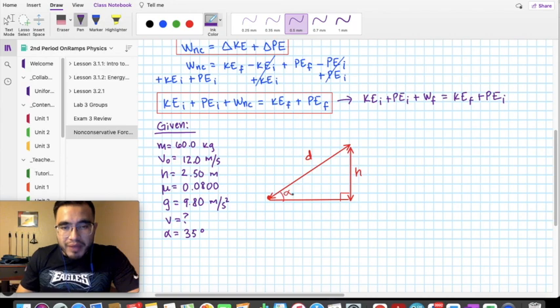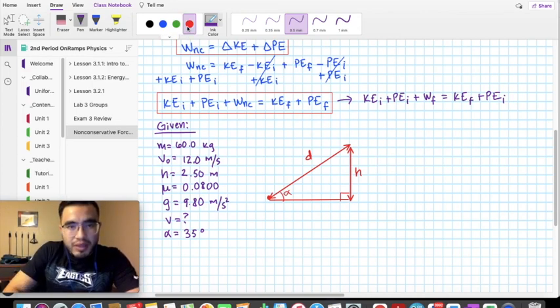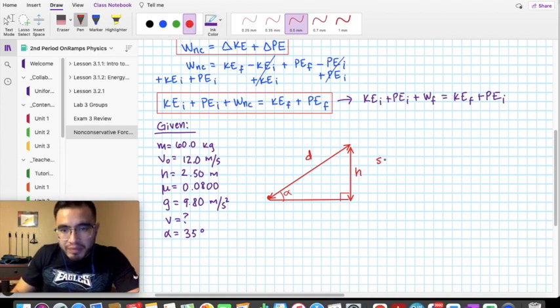And if we have an angle, the opposite side, and the hypotenuse, opposite and hypotenuse are part of the sine function, right? So we can say the sine of alpha is equal to opposite divided by hypotenuse. We solve for the distance, because we need to know what the distance is.